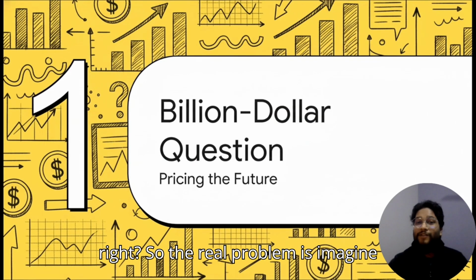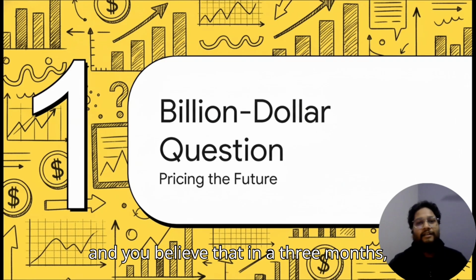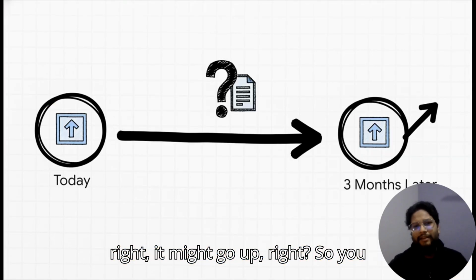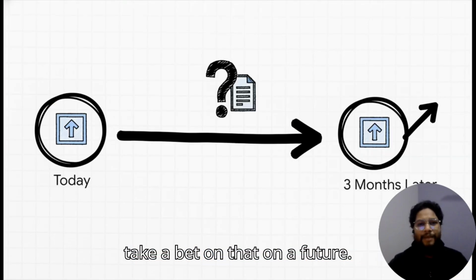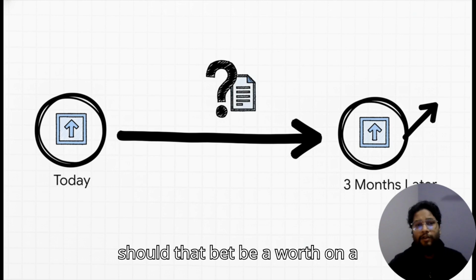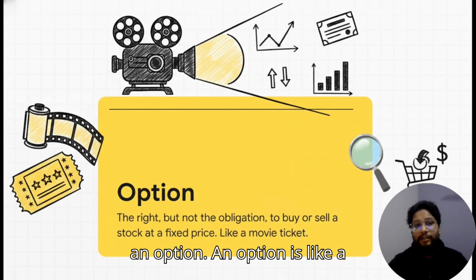So the real problem is, imagine today a stock is trading at $4,000, and you believe that in 3 months, right, it might go up. So you take a bet on a future price. But the big question is, what should that bet be worth today, right? That bet is called an option.